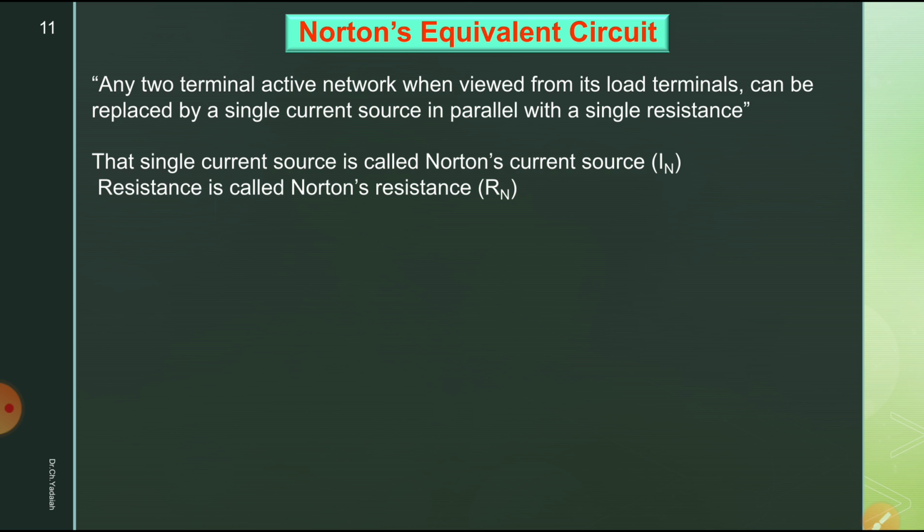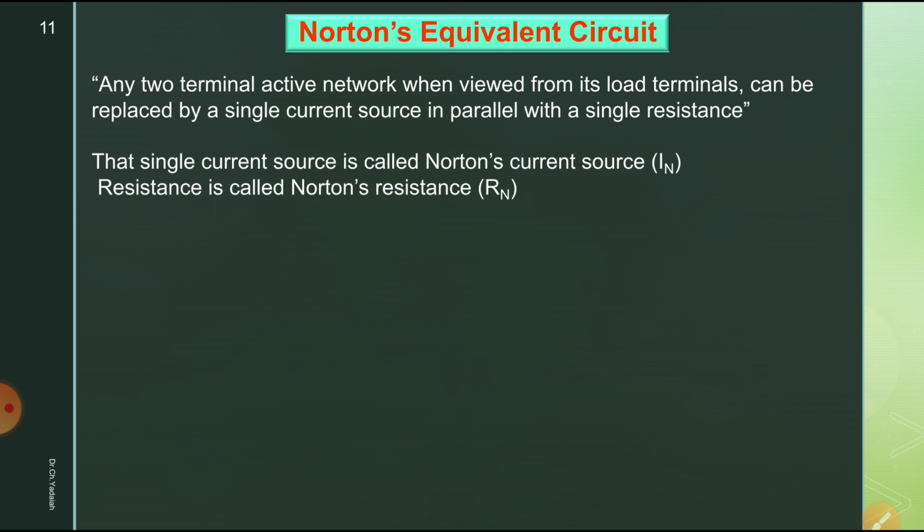Any two terminal active network, when viewed from its load terminals, can be replaced by a single current source in parallel with a single resistance. That is Norton's equivalent circuit. That single current source is called Norton's current source.